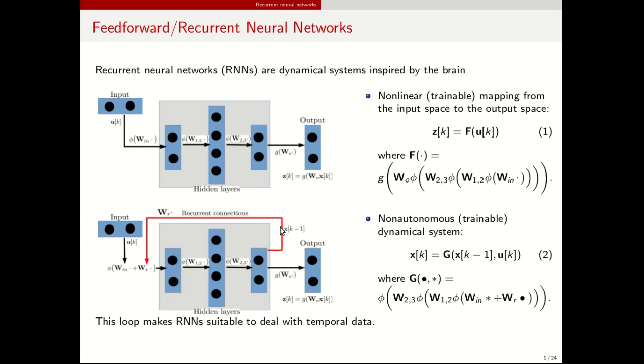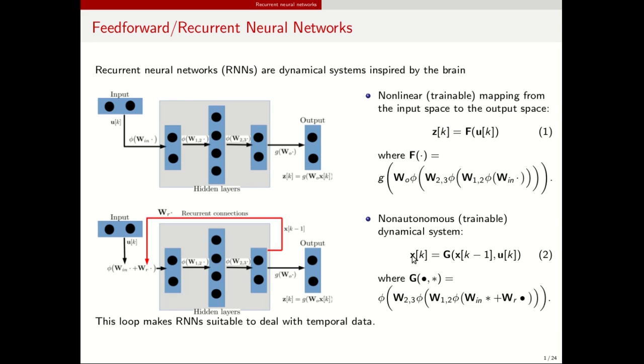In this particular case, we can view the vector x as the internal state of the neural network, and adding a recurrent connection makes a feedforward neural network a recurrent neural network, which is from the mathematical point of view a dynamical system. And we can see this vector x as the internal state of the network, which is evolving as time goes ahead.